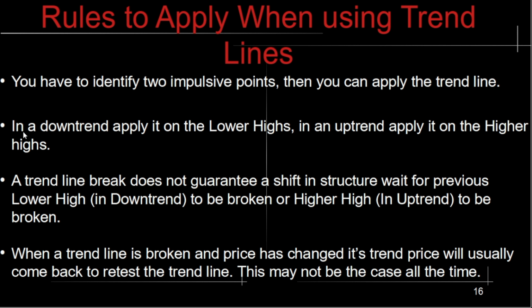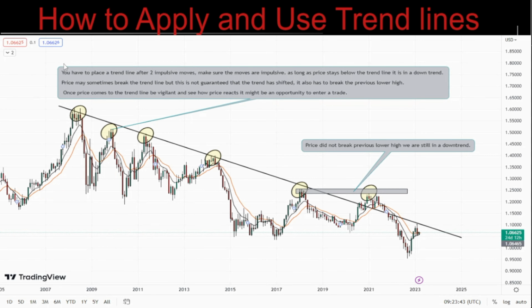Let me make a further point on this one here. When you are applying trend lines on either the lower high or higher high, make sure you apply the trend line on the wicks of the candlesticks. Most of you may know them as the shadows, but I call them wicks.